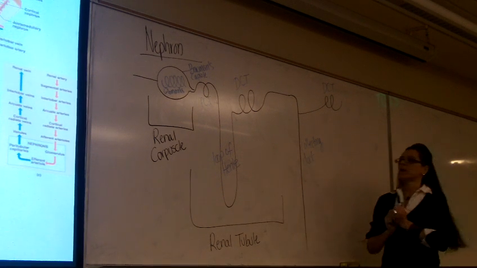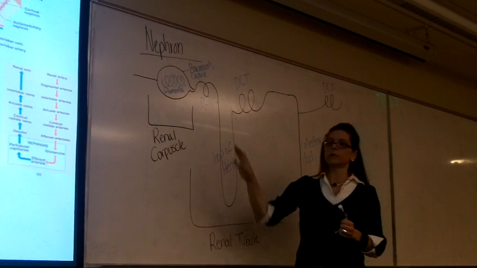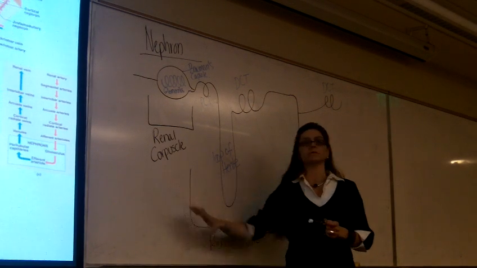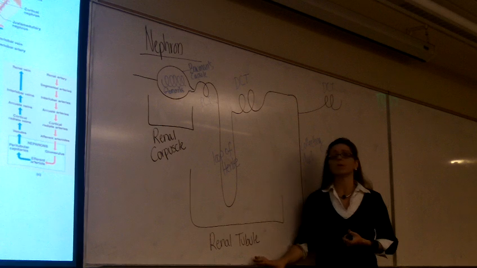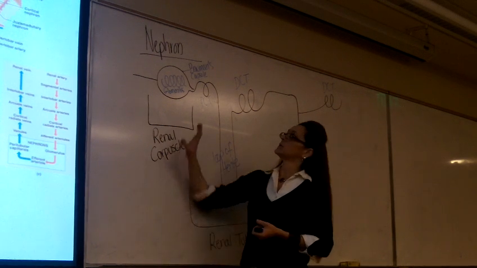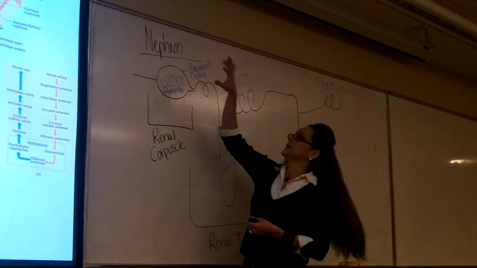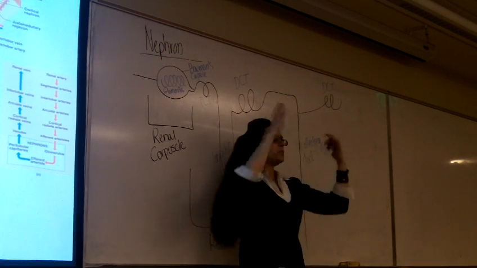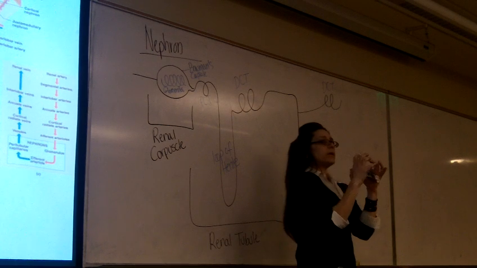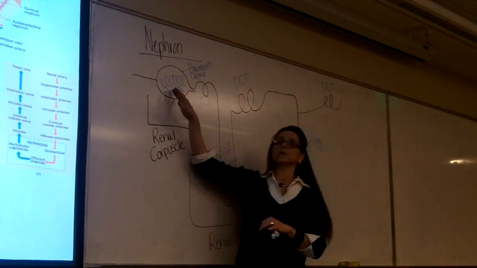So one more time. The nephron consists of two major parts, the renal corpuscle and the renal tubule. The corpuscle consists of a hollow ball, Bowman's capsule. Inside of that ball is space and a big clump of capillaries called the glomerulus.